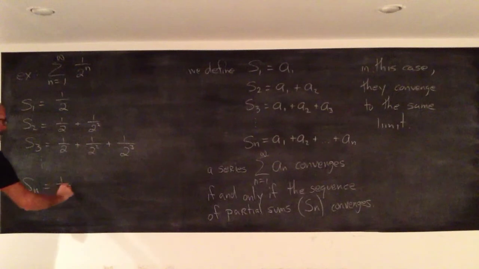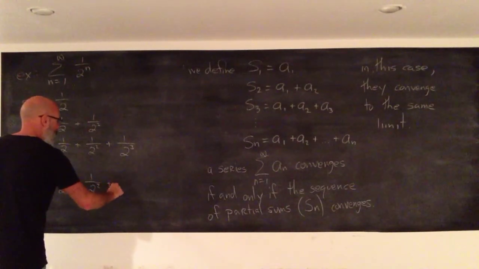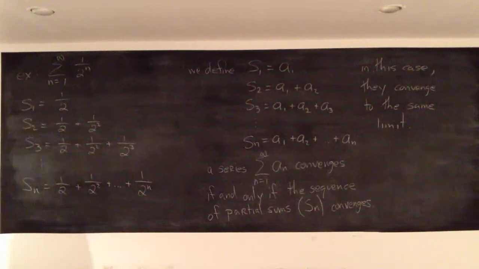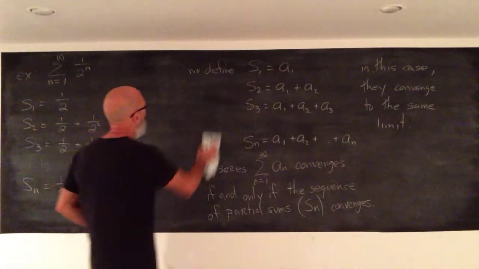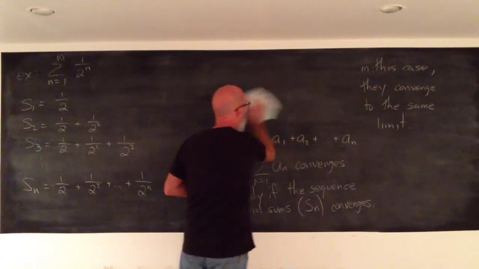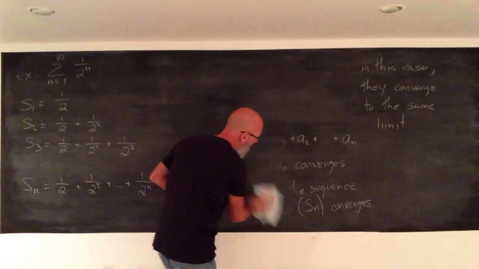Sn is the sum of the first n terms. Now, as it stands, there isn't much to do with that. However, there is a nice closed form for Sn.